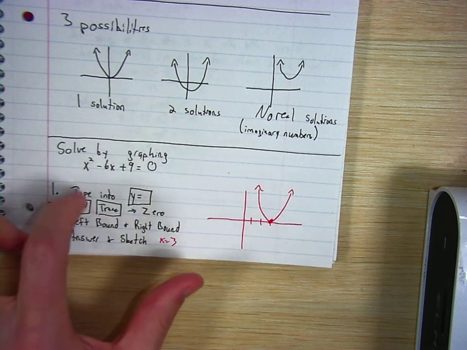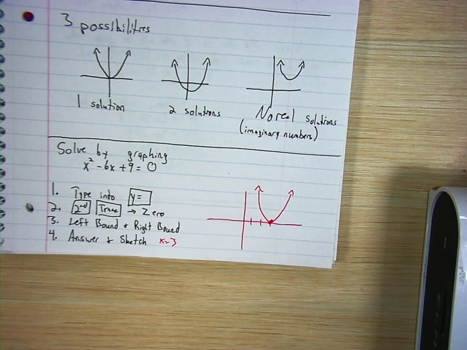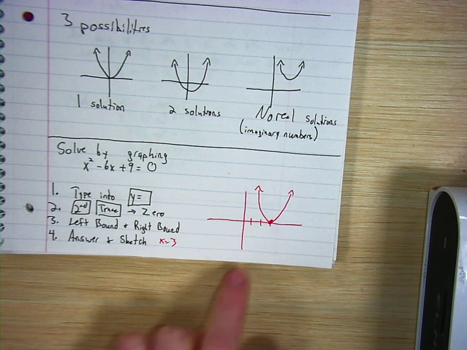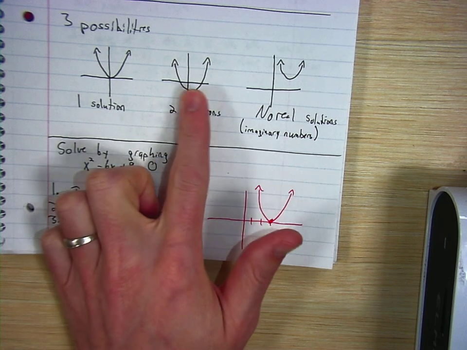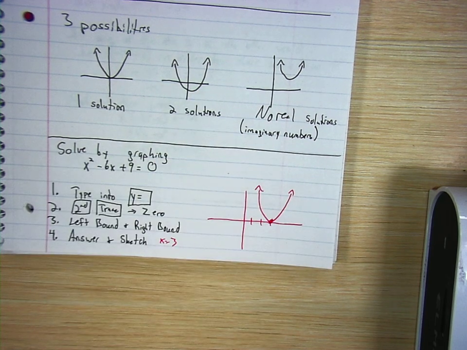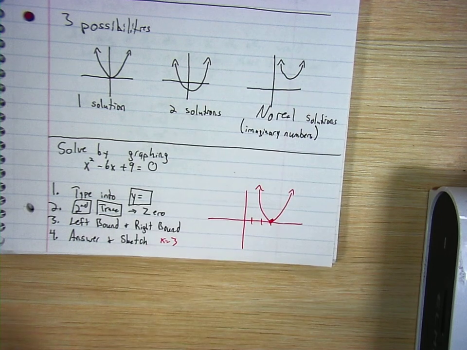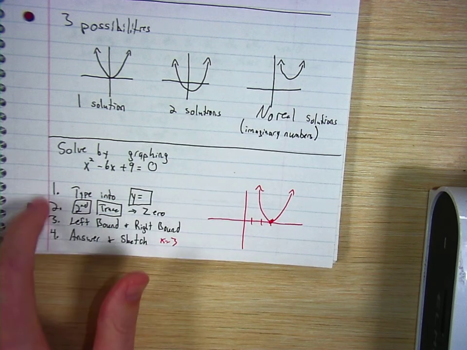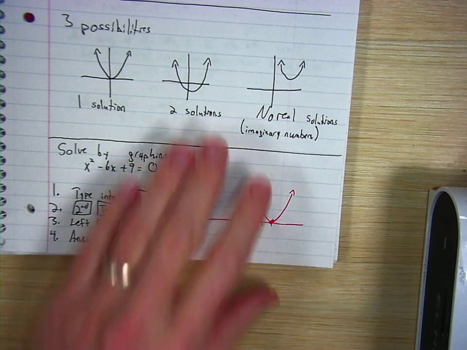You'd have to repeat that process, steps 2 and 3, a second time for the second solution. If we had something like this, we'd have to do that process over here and over here. If you look at your graph and it's way up here and it's not going to cross the x-axis, don't even bother putting it into your calculator and going through the rest of those steps. No real solutions.